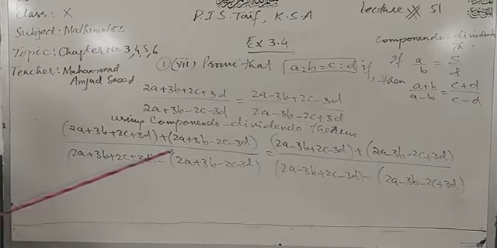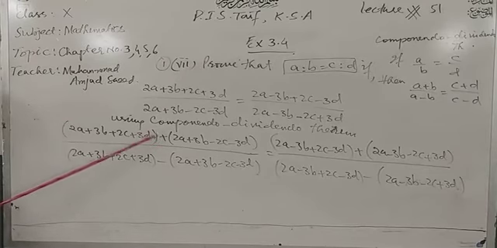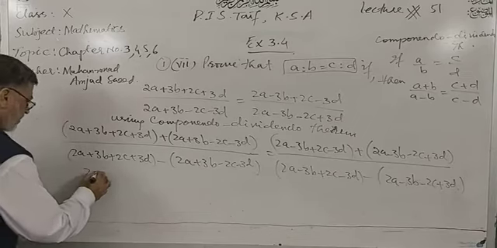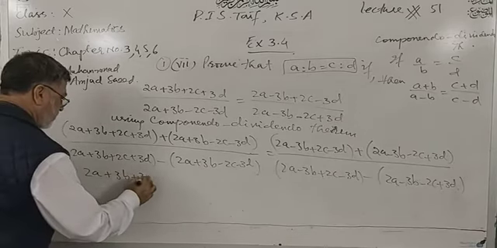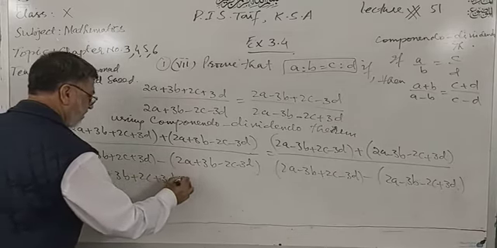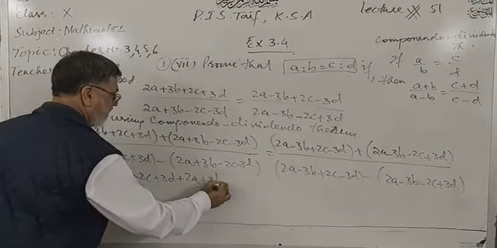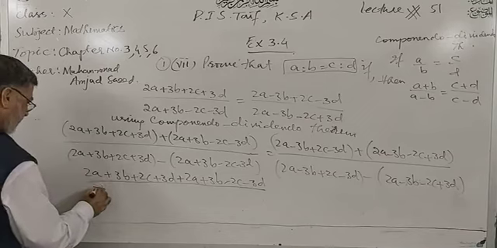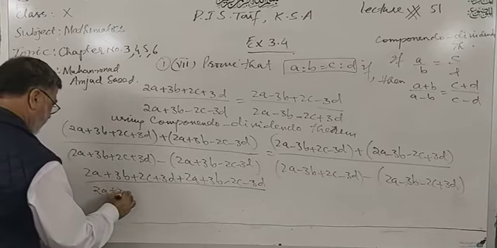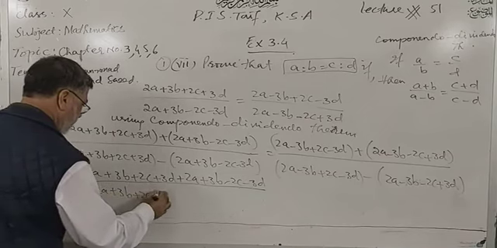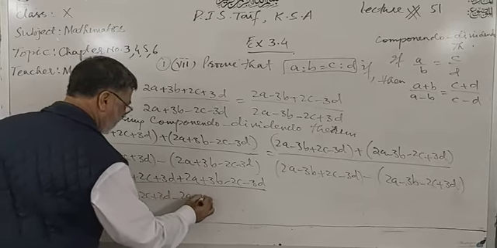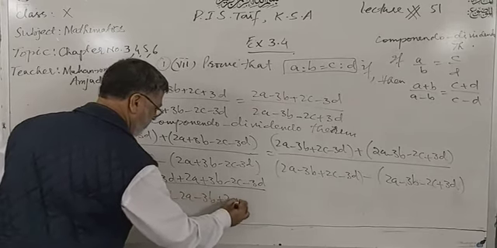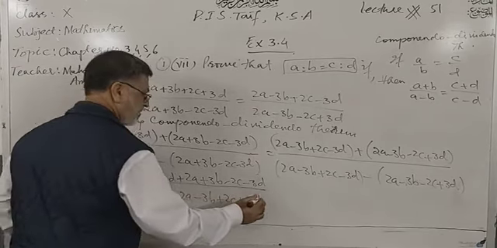Here we will open up the brackets, and in the denominator there is a change of sign. 2A plus 3B plus 2C plus 3D plus 2A plus 3B minus 2C minus 3D, whole divided by 2A plus 3B plus 2C plus 3D minus 2A minus 3B plus 2C plus 3D.